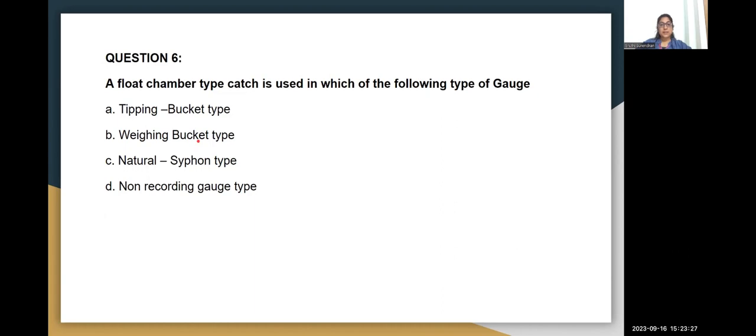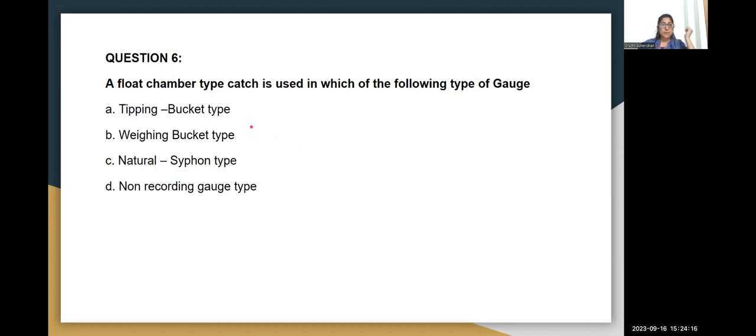A flow chamber type catch is used in which of the following types of gauge?